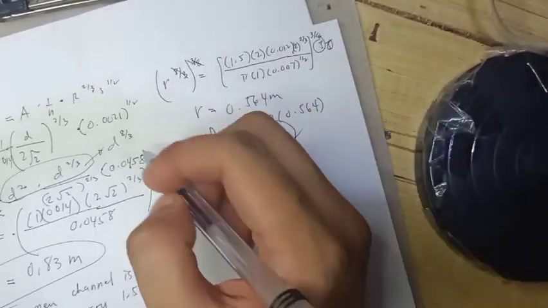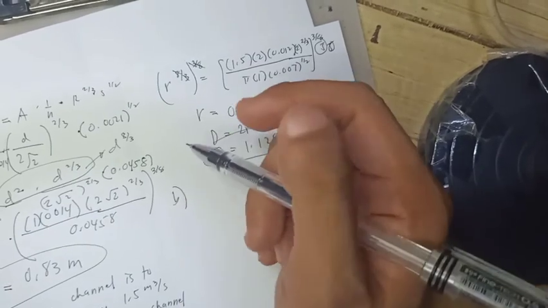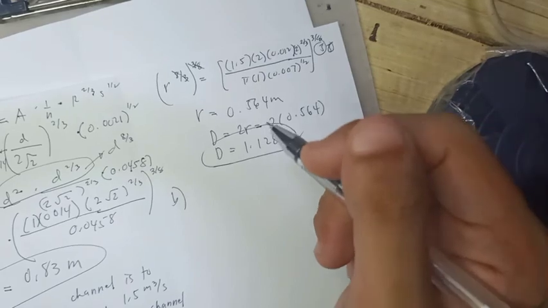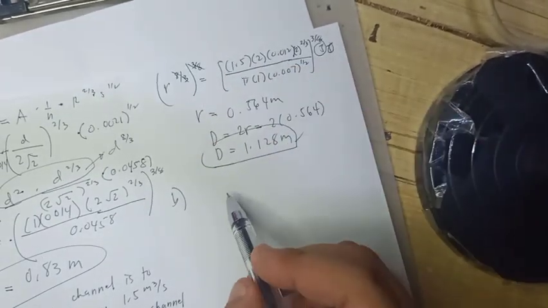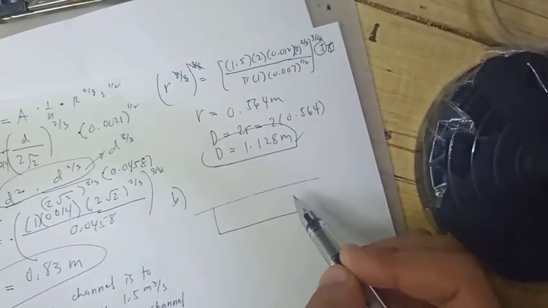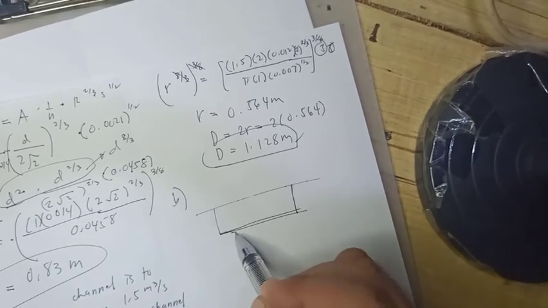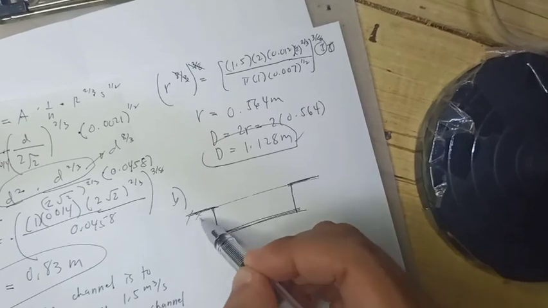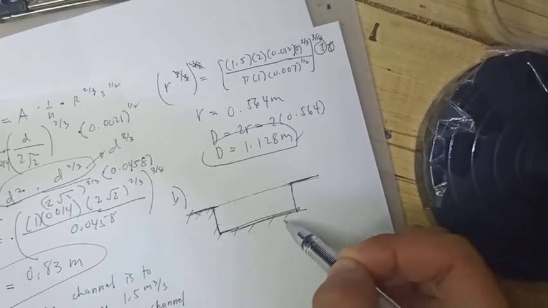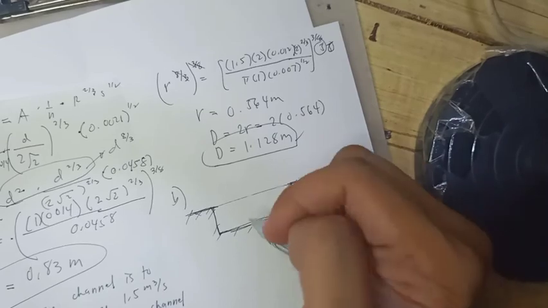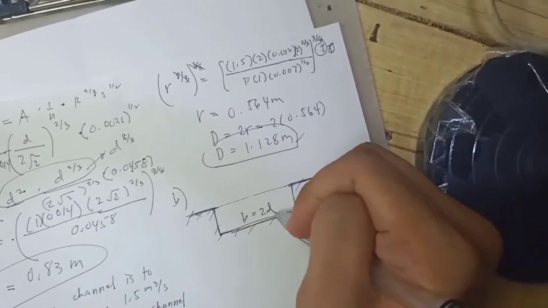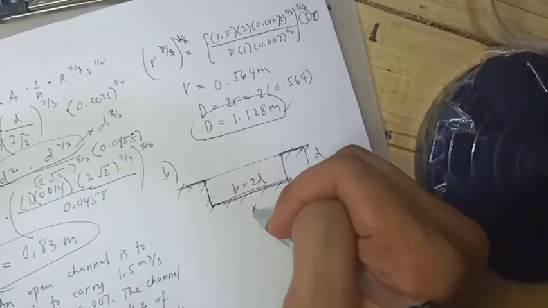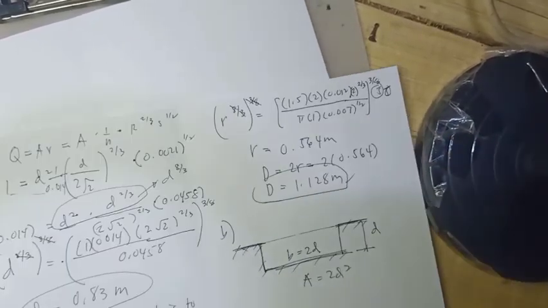This is the section that we are finding, the most efficient one. For the rectangular section, B equals 2D, wherein A equals 2D squared.